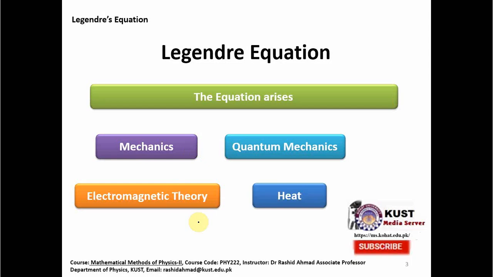And finally in heat. So you see that the Legendre equation has many applications in physics, ranging from mechanics, quantum mechanics, electromagnetic theory to heat, and therefore studying it and being able to solve this equation is very important.